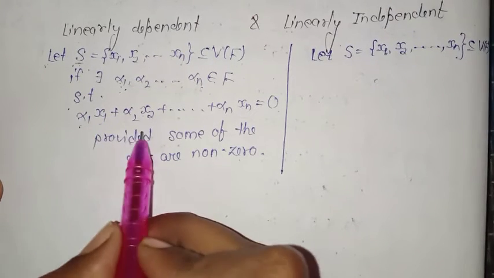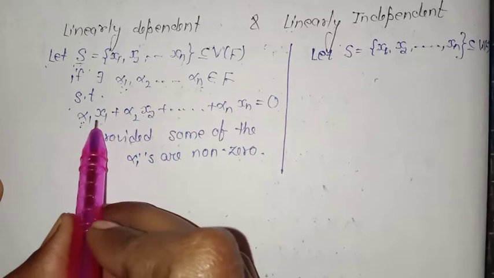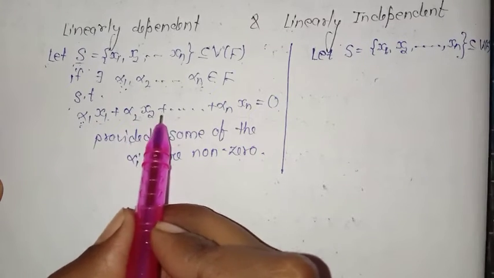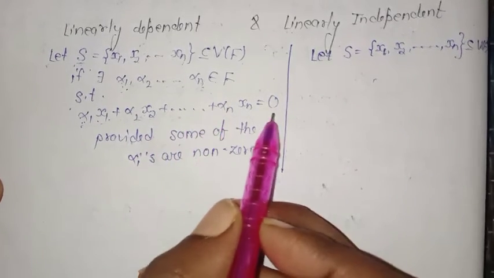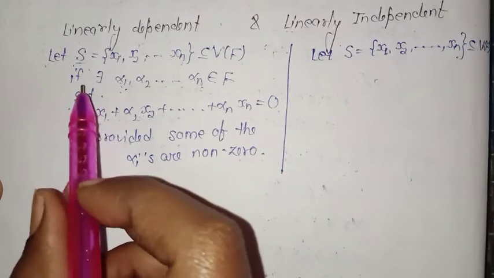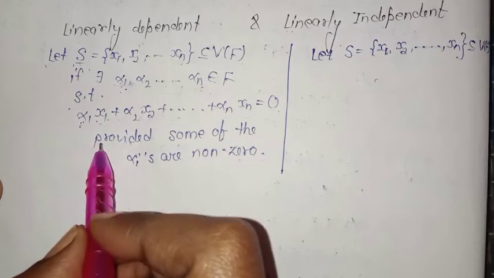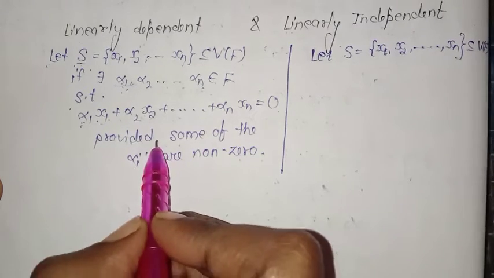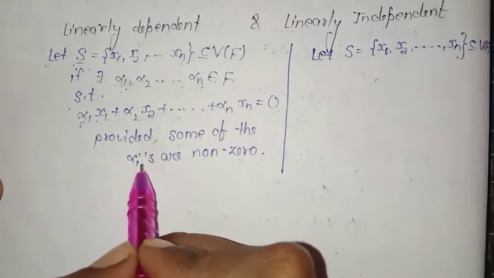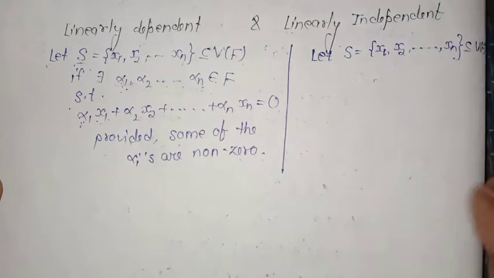Mathematically, alpha 1 x1 plus alpha 2 x2 plus and so on alpha n xn equals 0. As I told you, some of the scalars should be non-zero, so that's why I am writing here: provided some of the scalars, that is alpha i's, are non-zero.